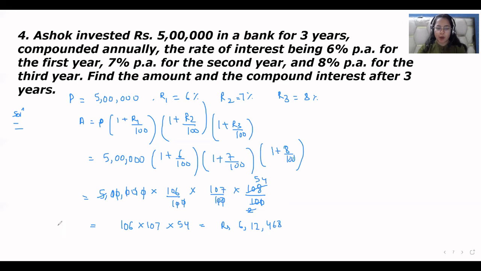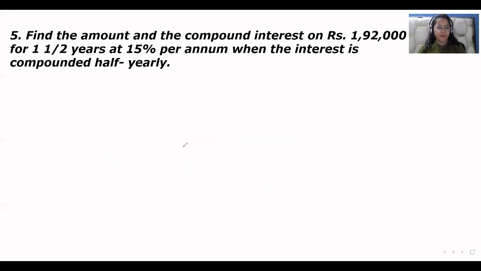So this is our amount for the 3 years. And what is our compound interest? This amount minus principal. Amount is 6,12,468 and our principal is 5 lakh. So our compound interest after 3 years is 1,12,468 rupees. I hope you understand this question.